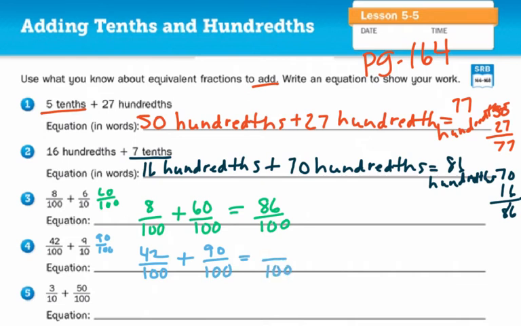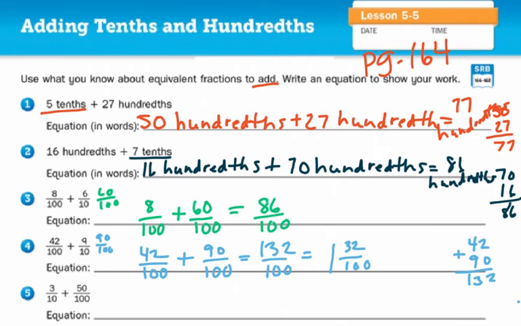Keep the denominator the same and add the numerators. 42 and 90. 132 hundredths. In other words, this would be a fraction that is more than one whole. If I were to change it to a mixed number, it would equal 1 and 32 hundredths.